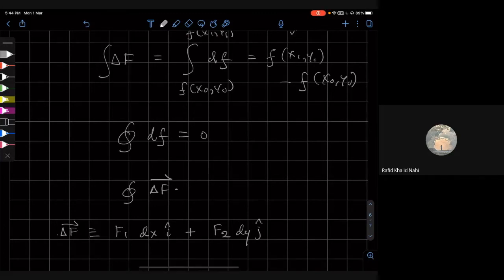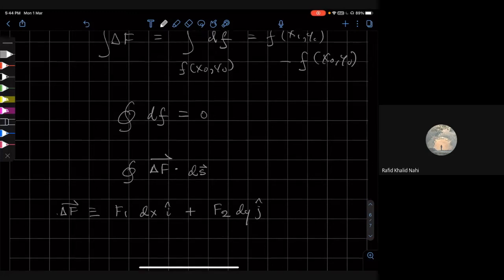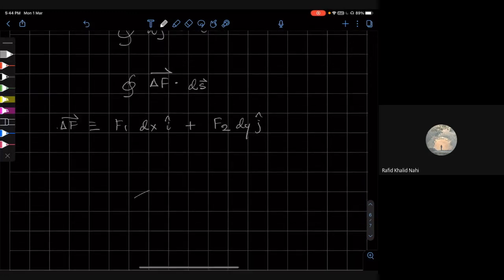So if I do this over some closed path ds, then let me just draw the picture. Suppose this is my xy plane and this is the path.